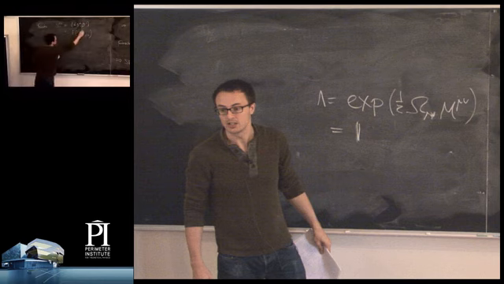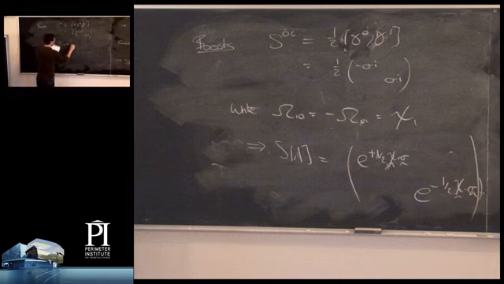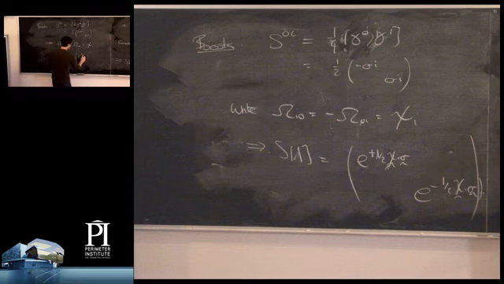These are what the generators look like. They're just Pauli matrices. I'll write the boost parameter in terms of chi, and then compute the boosts. Plus a half chi dot sigma.